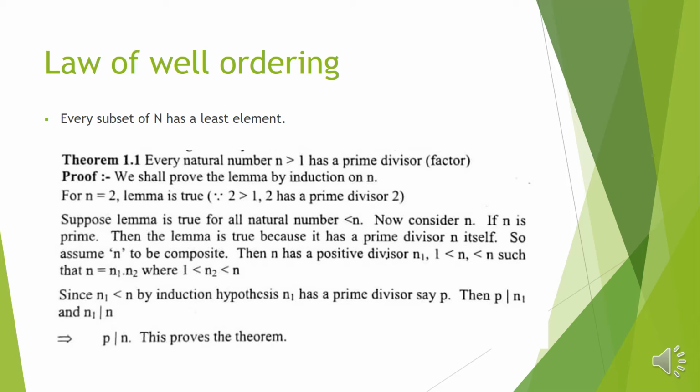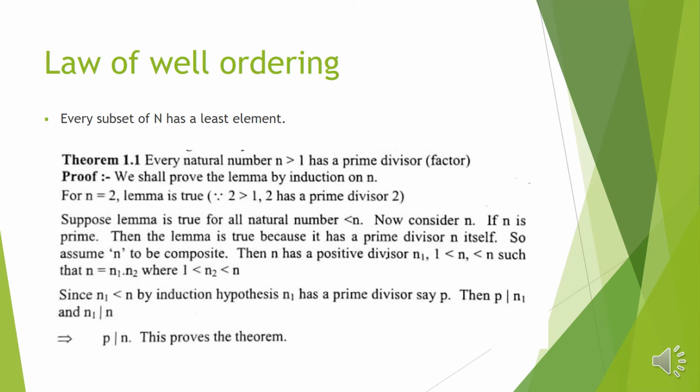Suppose the lemma is true for all natural numbers less than n. Now consider n. If n is prime, then the lemma is true because it has a prime divisor, n itself. So assume n to be composite. Then n has a positive divisor n1, where 1 is less than n1 less than n, such that n is equal to n1 into n2, where 1 is less than n2 less than n.